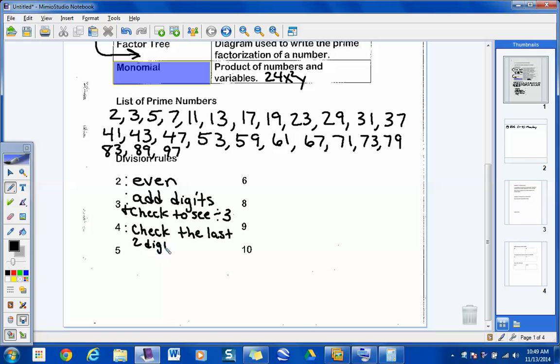And if 4 goes into the last 2 digits, then 4 will go into the number. So here's an example for rule of 4. If I have the number up here, say 1,316,000. Ooh, that's a big number. I want to know if 4 goes in there.